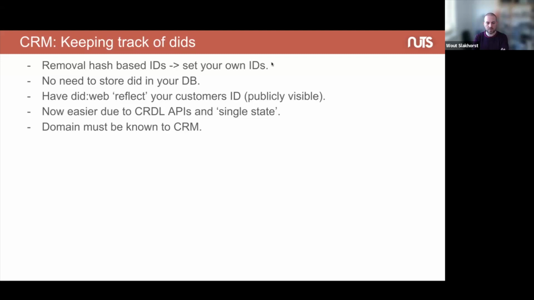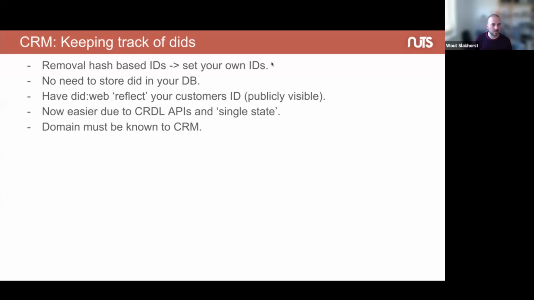You should be aware that those identifiers will be publicly visible. So if you're thinking about exposing sensitive information where others can see how many customers you have, or it's primary key based, like 1, 2, 3, 4, 5, 6, 7, 8, 9, 10, I don't know if that's the wisest decision to publicly expose.